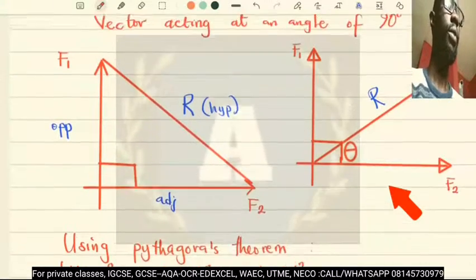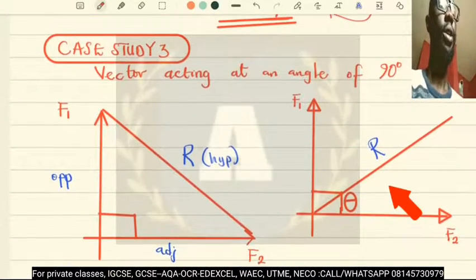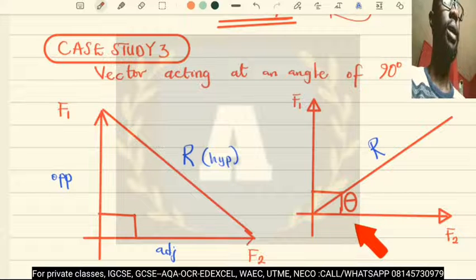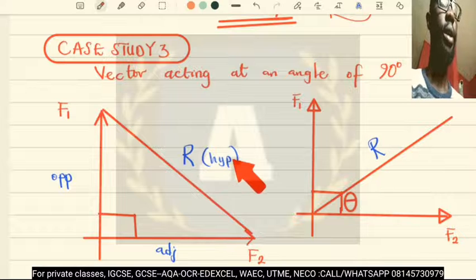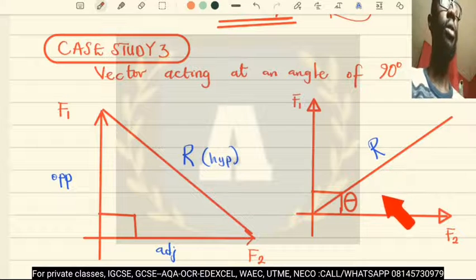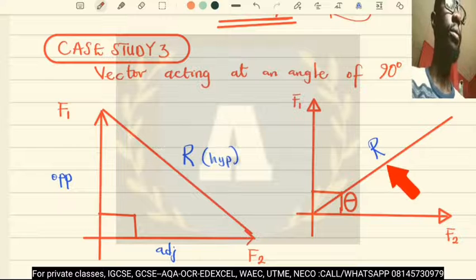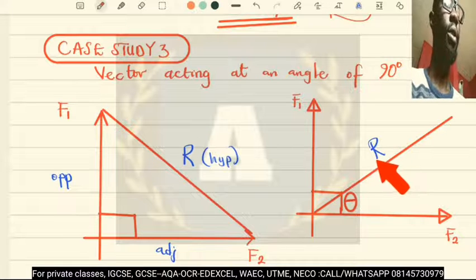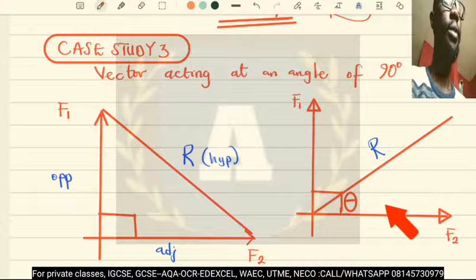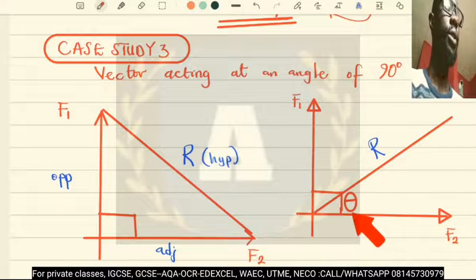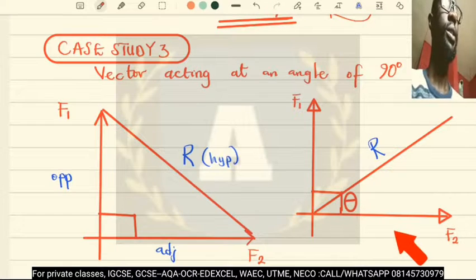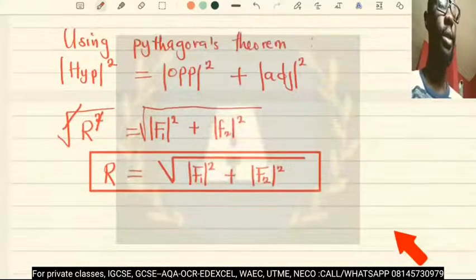Now, meanwhile, questions like this could be tricky, you could also be asked to calculate the direction. Now, these have been used to calculate the magnitude of the two vectors. Now you may be asked to calculate the direction. Okay, so to calculate direction, we're going to calculate with respect to this angle, using the tan angle.